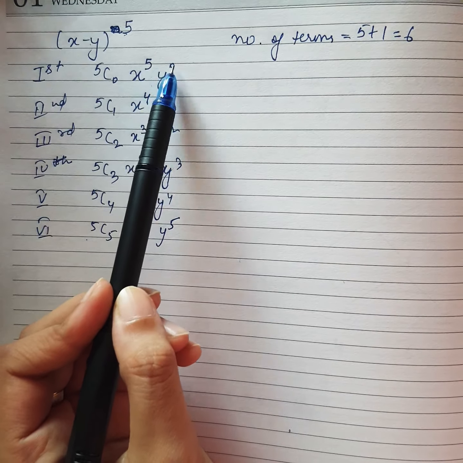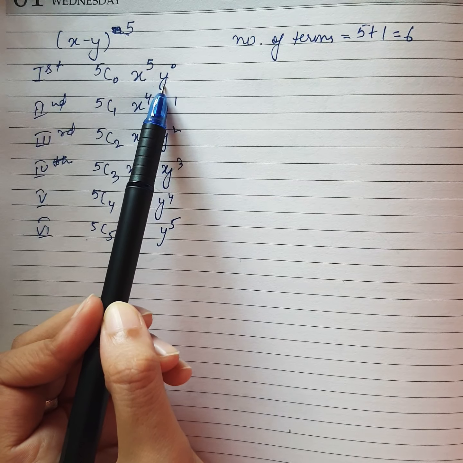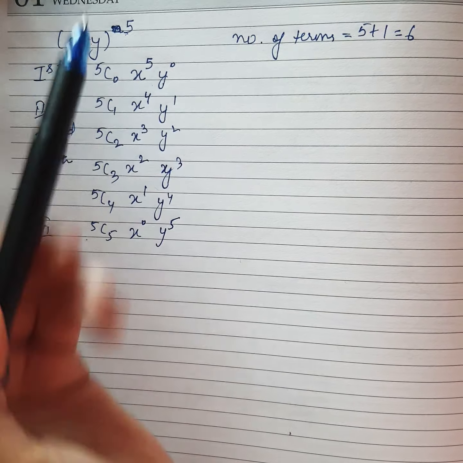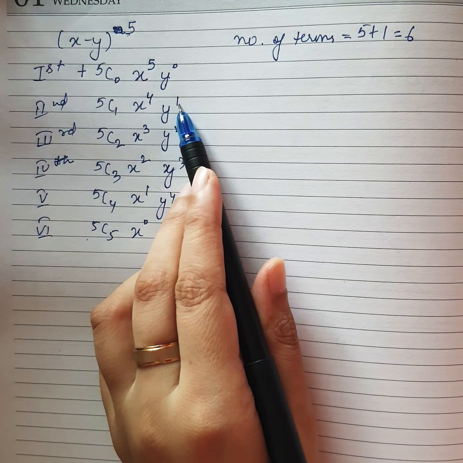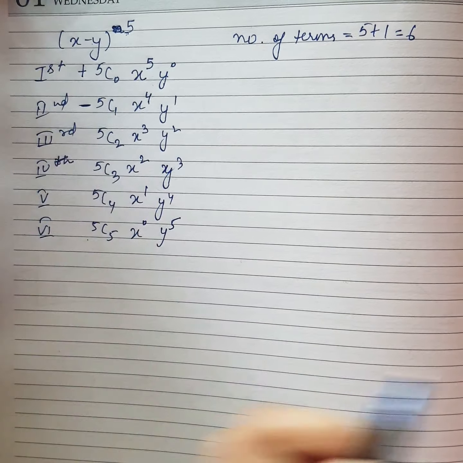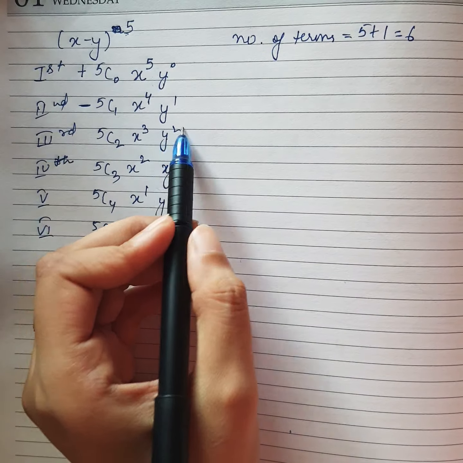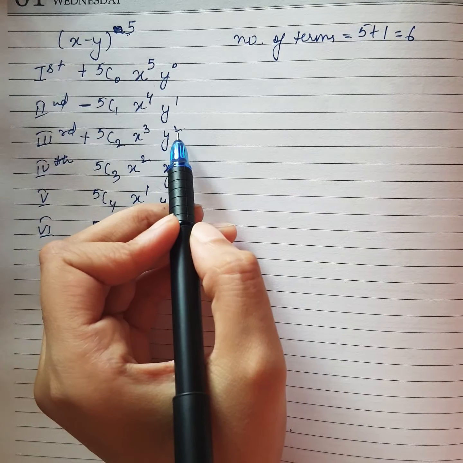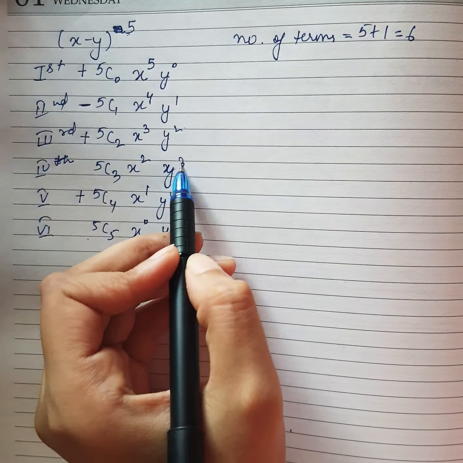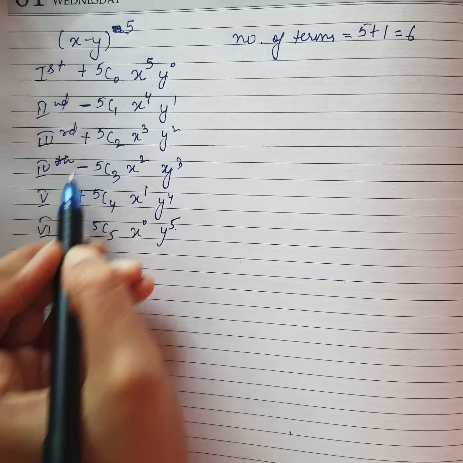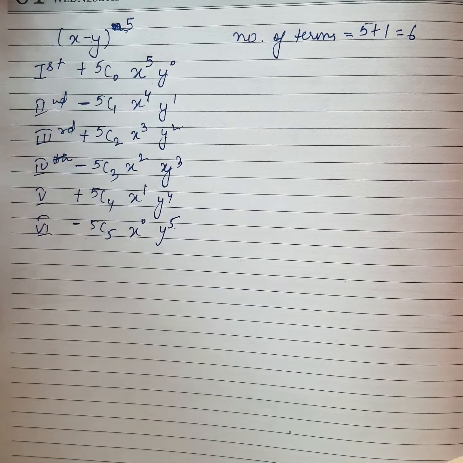Any number raised to the power 0 will be 1, whether it is a negative number or a positive number. So this term will remain positive. Minus y to the power 1, this term has to be negative. Y square is positive because of even power. So for even powers I can write positive, and for odd powers I have to write negative.